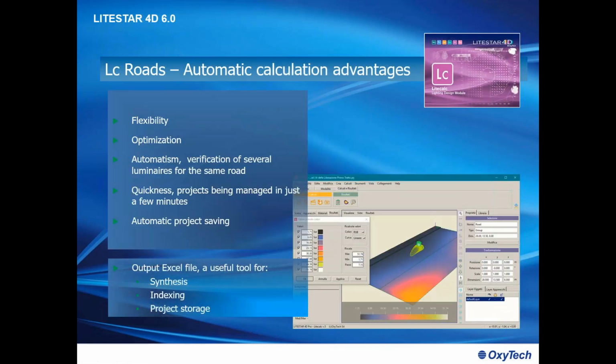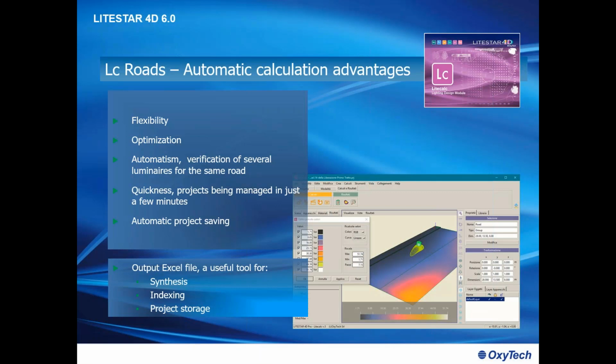So, what are the advantages of such a calculation? It's clear, flexibility. Why? Because we can use the feature in different ways. For example, if we want to define which is the best height for a single luminaire, we can use the range option.